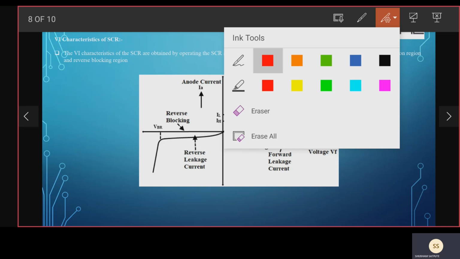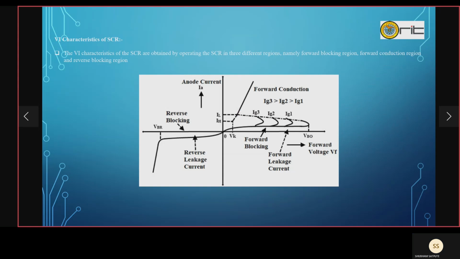If we apply a positive voltage to the anode and a negative voltage to the cathode, the SCR operates in the forward blocking mode, and a small leakage current flows through it in the positive direction. Hence, the curve rises to a certain level in the positive quadrant, which is marked as the forward leakage current.